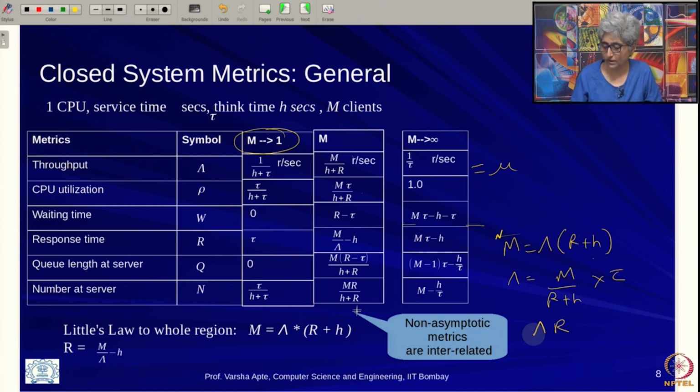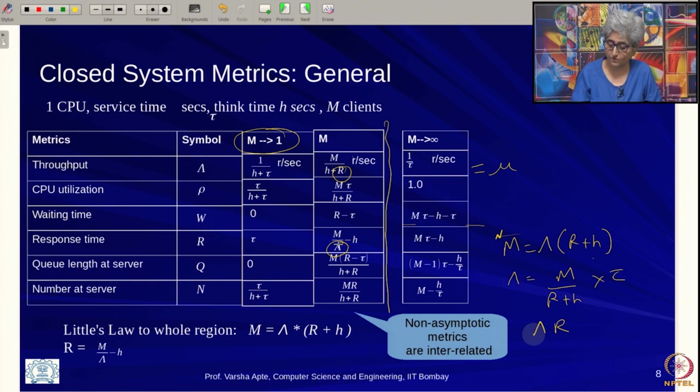So, one point to recognize for the general m, which is neither low load nor high load, is this non-asymptotic metrics column. Here you can see that the metrics are actually interrelated. If we know r, then we know throughput, and if we know throughput, then we know r. So, we do not really know either one of them exactly. Okay. So, we need to have other methods to find it. If we have a measurement of response time, then we can get throughput.